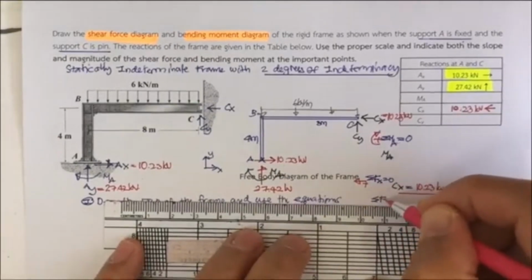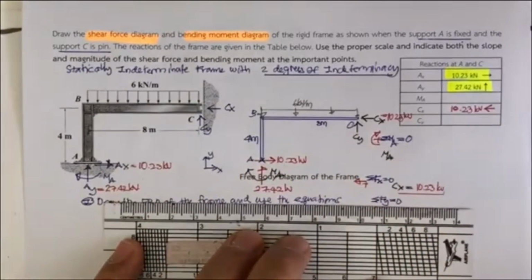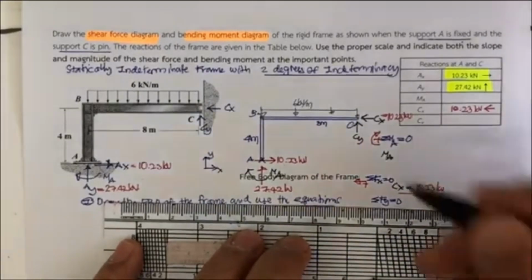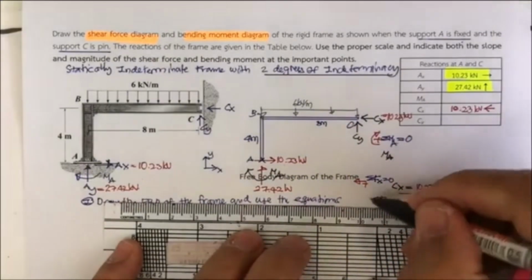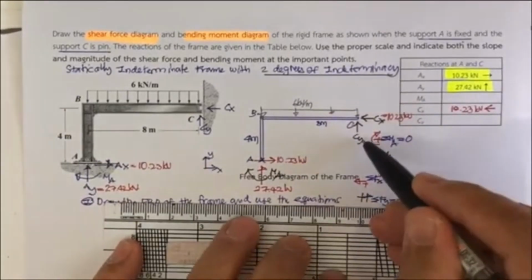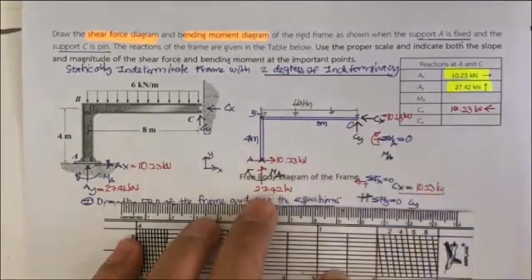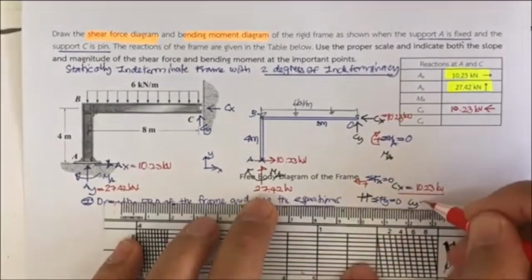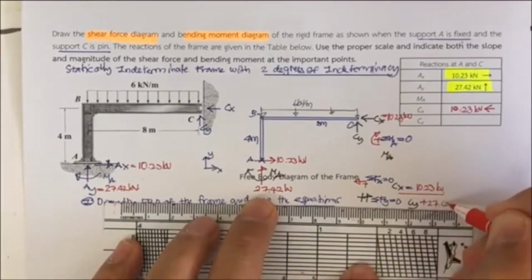Next, you do the summation of F sub y equal to 0. By doing this, our y is upward, so we put upward as positive. This is C sub y, and this has 27.42 in the same direction.